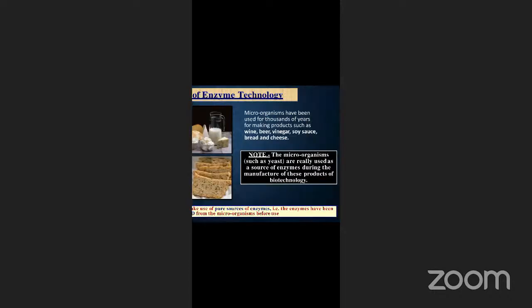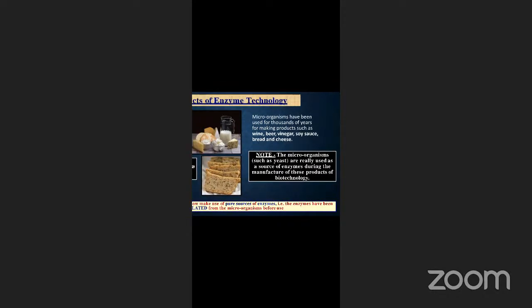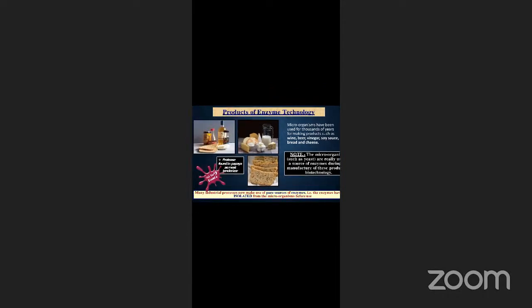So microorganisms have been used for thousands of years for making wine, beer, vinegar. So through fermentation, many products have come. These microorganisms are used as a source of enzymes during the production of the products of biotechnology. Now here, many industrial processes now make use of pure sources of enzymes.